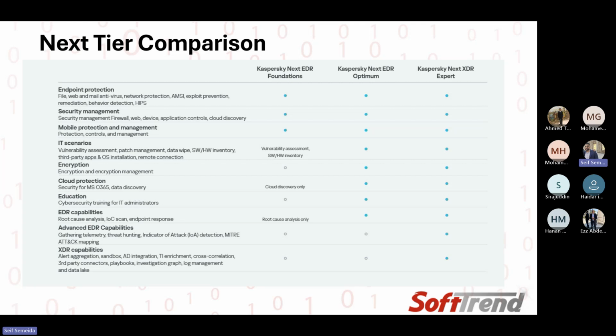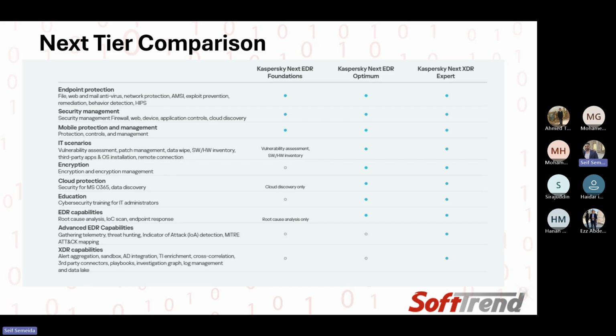For the vulnerability assessment, it basically scans for outdated software on your device and alerts you if any application or software requires an immediate update in order to keep the security level high. And for the software and hardware inventory, it discovers and tracks all your hardware and software assets in the network and keeps record of all of them in order to provide a high level of visibility on your network.